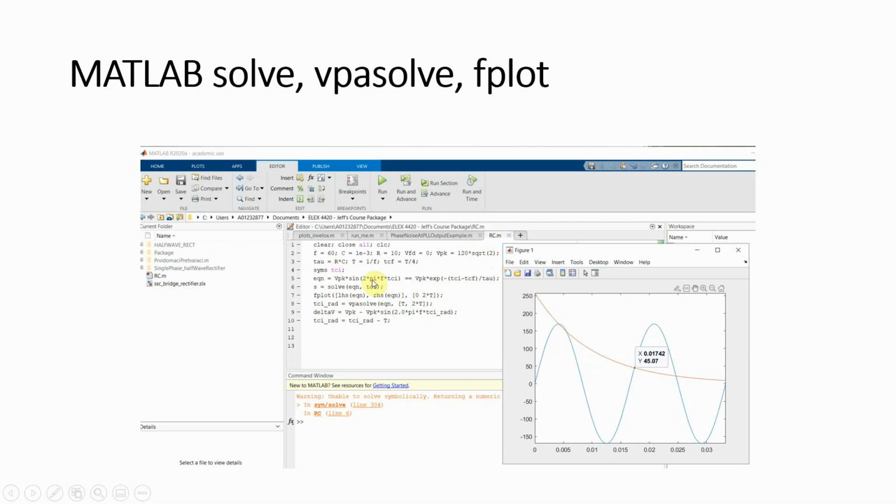That's why I didn't use the simplified version of the equations. So this is the input, and this is the exponential function. But remember that I'm plotting both of them from the same time origin.